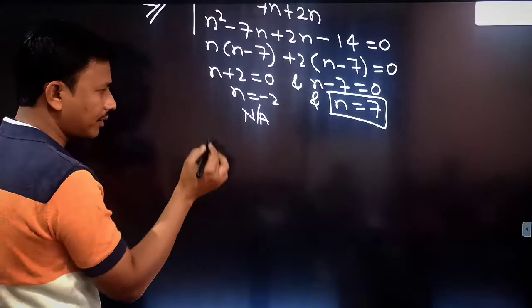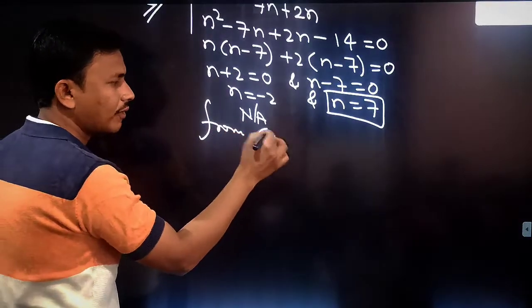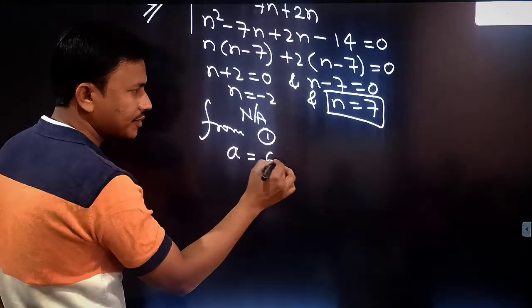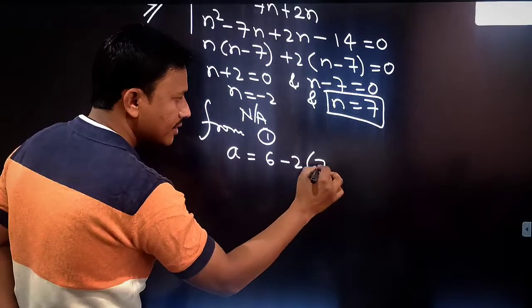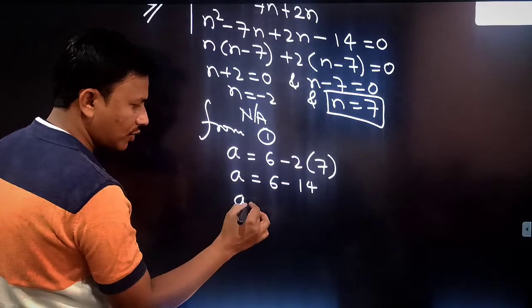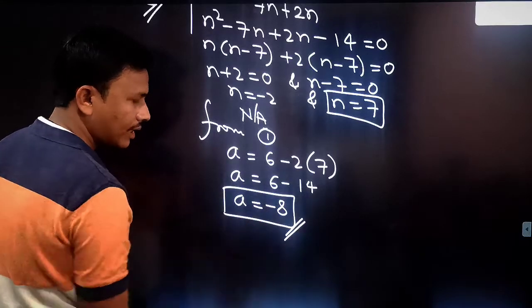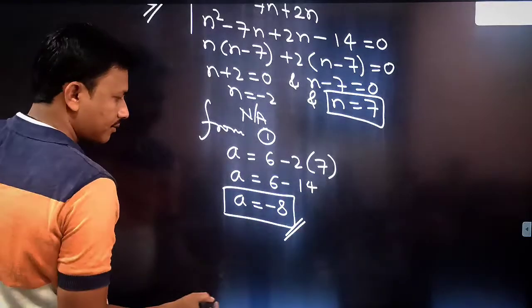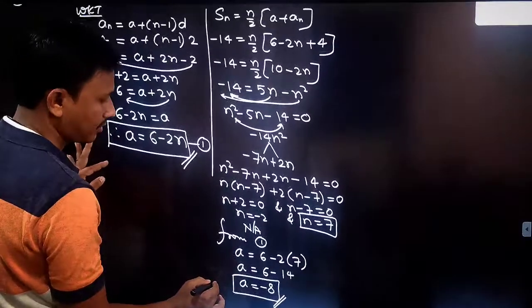From equation number 1, a is equal to 6 minus 2n. The n value is 7. A is equal to 6 minus 14. A is equal to minus 8. A is minus 8 and n is 7. Check it out. Check my answer.